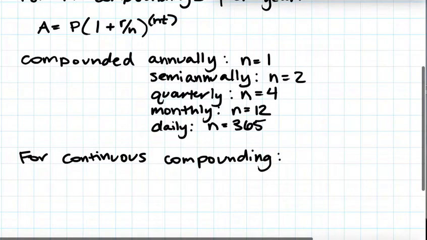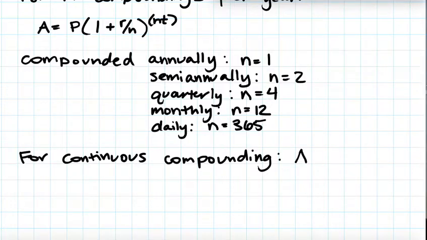So continuous compounding has a slightly different formula. There's no N. The formula uses e. Sometimes it's called the PERT formula. So it's A equals P times e to the rt. And remember, e here is not a variable. We use the e button on the calculator.